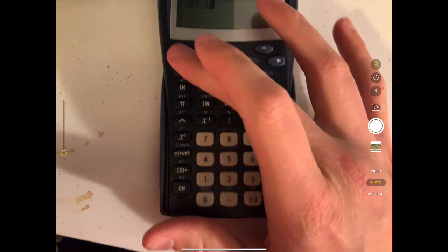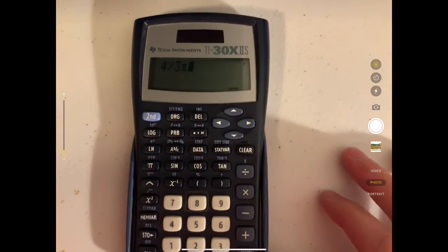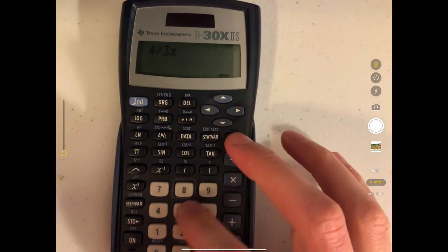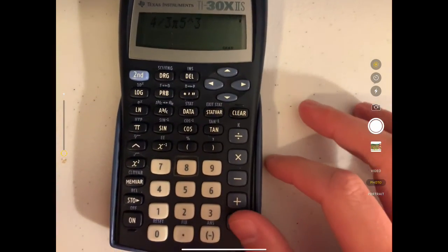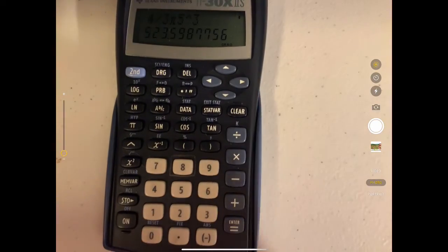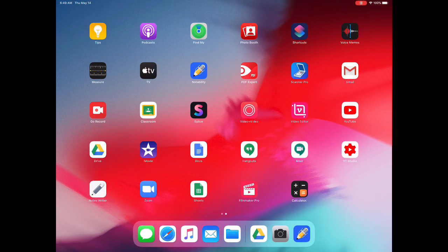You got the pi, just pi. So we're at 4/3 pi, and then it is the radius, which was 5. You can get that little caret button to get your 3, and that will give you your answer. 523.598.